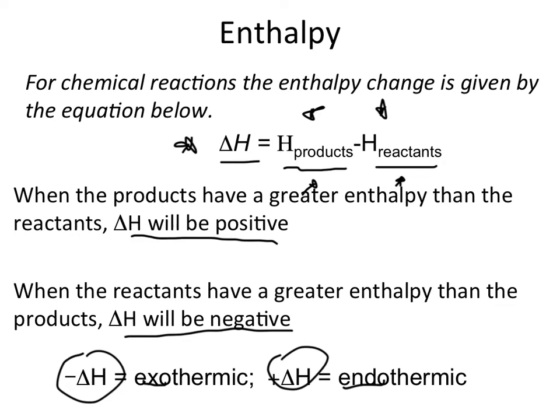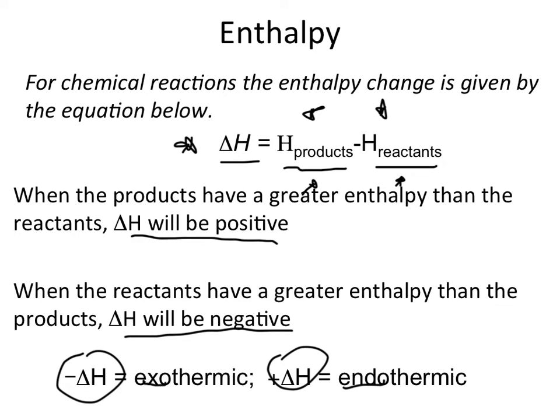And the reason why we can make this correlation with the exothermic or endothermic properties of a reaction and delta H is that most reactions are occurring under constant pressure conditions. So you have containers that are open, such as test tubes, or a reaction is taking place in a system that basically allows that pressure to remain constant.